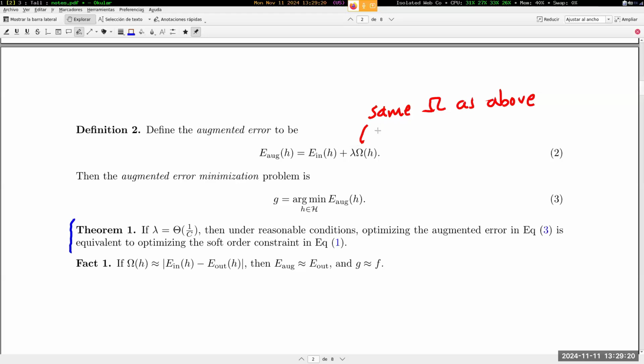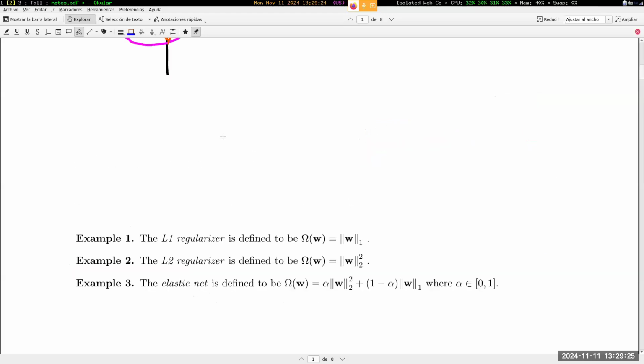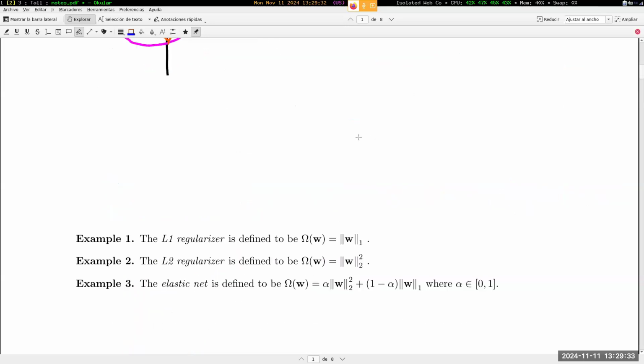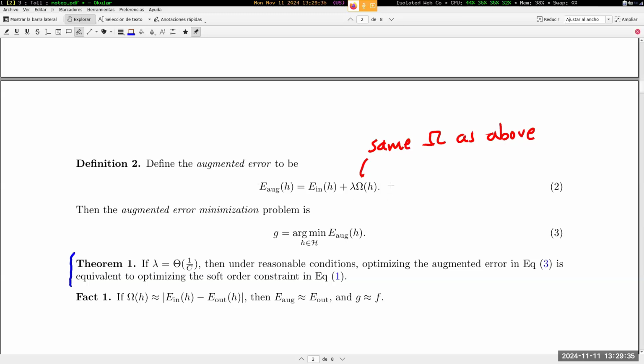Lambda is 1 over c. So it will often be the case that we will talk about regularization in this format right here, but it will always be the case that we will optimize the regularized problem in this format right here. Because this is what we know how to do. We know how to optimize just a single function without any constraints being applied to it.